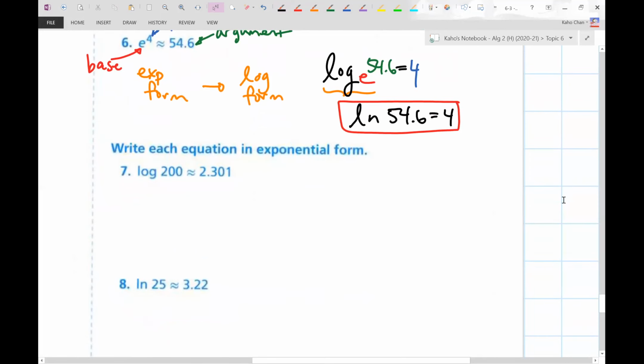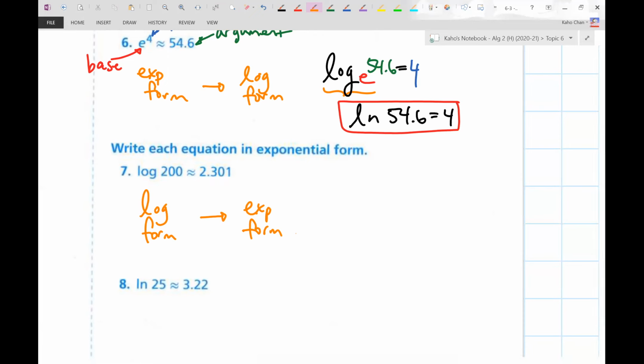All right. Number 7, write each equation in exponential form. We're going the other way. So in this particular case, log 200 is approximately 2.301. There is a missing base. We're assuming that's a common log right there.